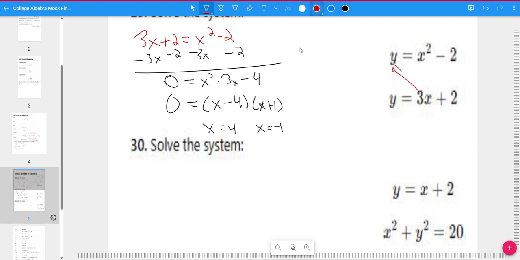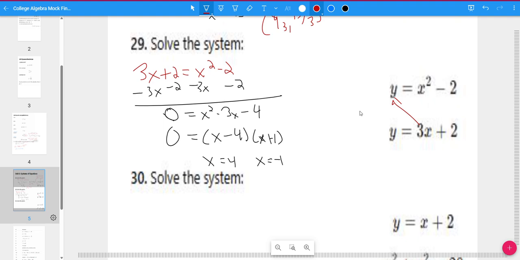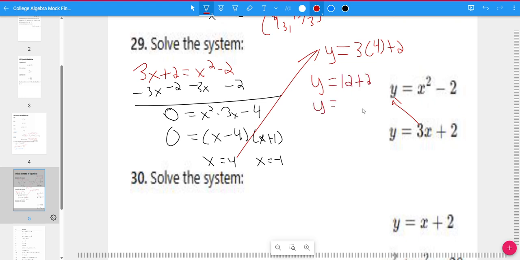I plug both of these back into either equation, doesn't matter the top or bottom. The bottom looks simpler, so I'm going to plug into that. So I'm going to plug this in right here. So y equals 3 times 4 plus 2. That gives me y equals 12 plus 2, which is y equals 14.